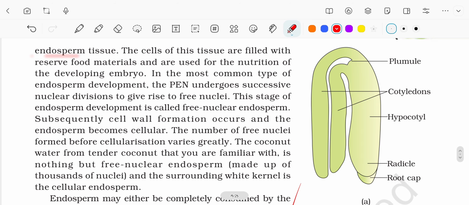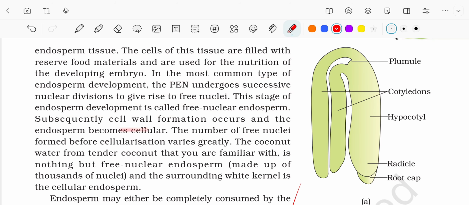endosperm tissue. The cells of this tissue are filled with reserved food material and used for the nutrition of the developing embryo. In the most common type of endosperm development, the PEN undergoes successive nuclear divisions to give rise to free nuclei. This stage of endosperm development is called free nuclear endosperm.